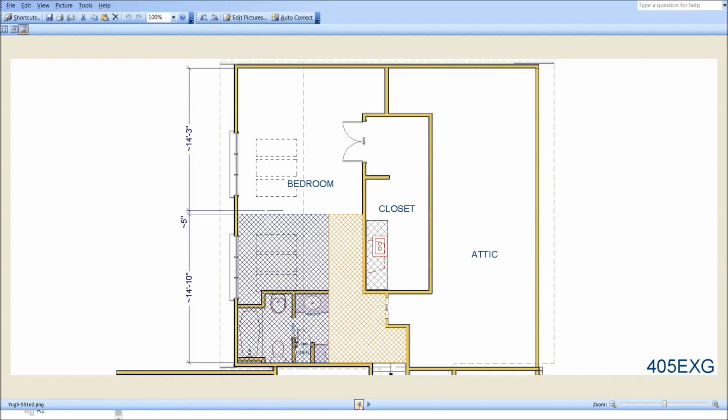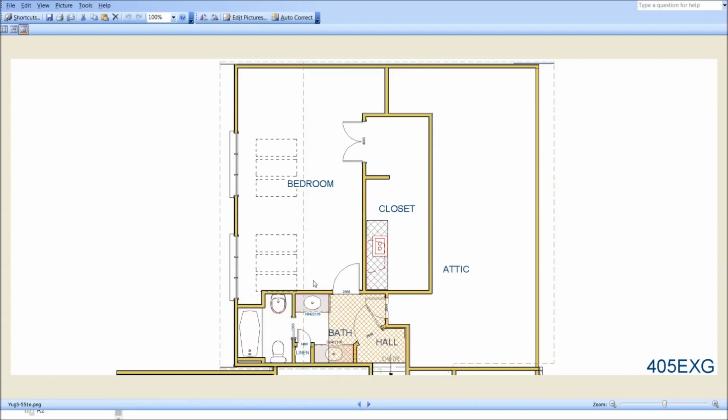And so the decision you have to make at that point is, do you want a door coming from the bathroom into the hallway? I assume you don't want to have to go through the bath like this to get to the bedroom. So that's one of the questions, though, is do we want an exit from this bath into the hall?